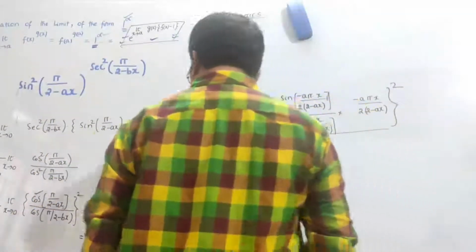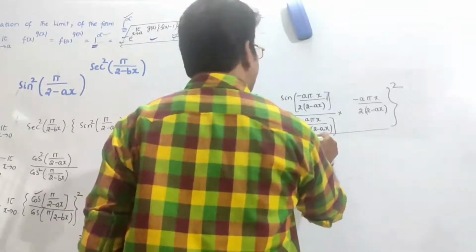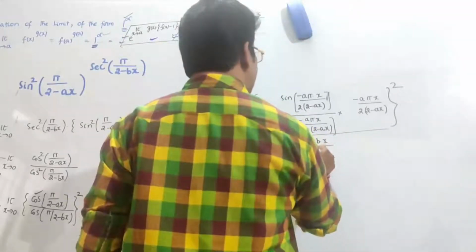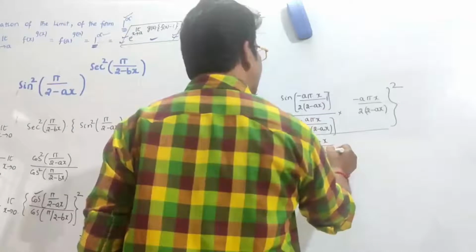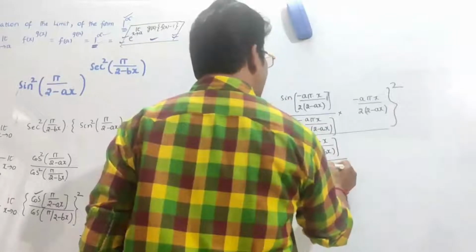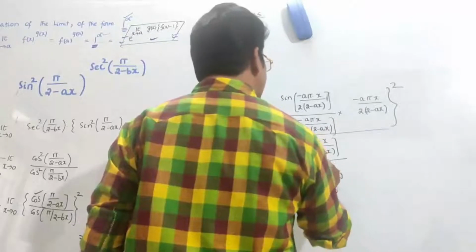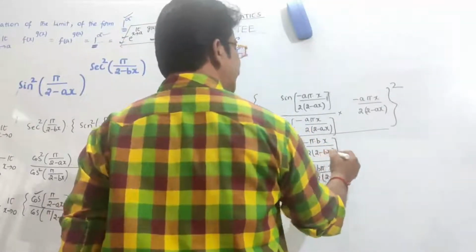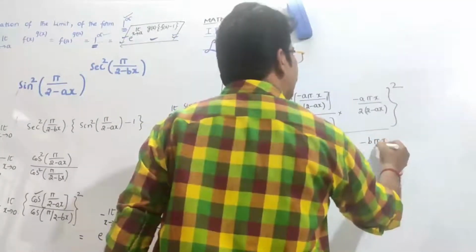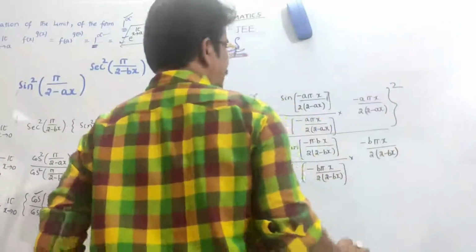Next, whole divided by the same, sine of (minus pi b x divided by 2 into (2 minus bx)). This is theta. Therefore, minus b pi x divided by 2 into (2 minus bx) is multiplied into theta, just like that.